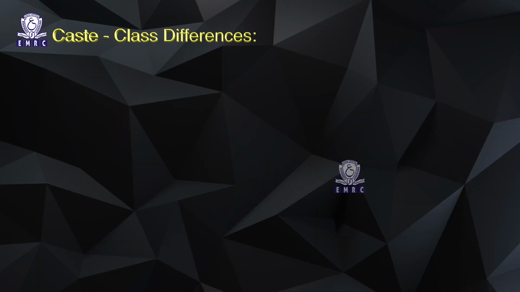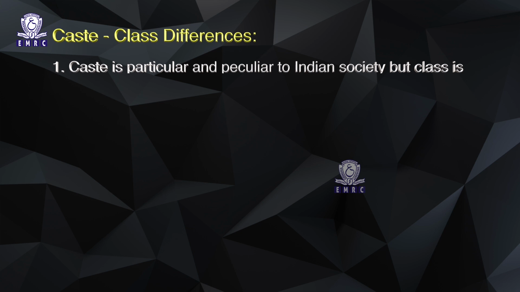Friends, let us now try to understand the differences between caste and class. Caste-class nexus implies observation of caste and class as mutually inherent phenomena. Though the caste-class nexus is strong and they are interdependent, there are distinct differences between caste and class.